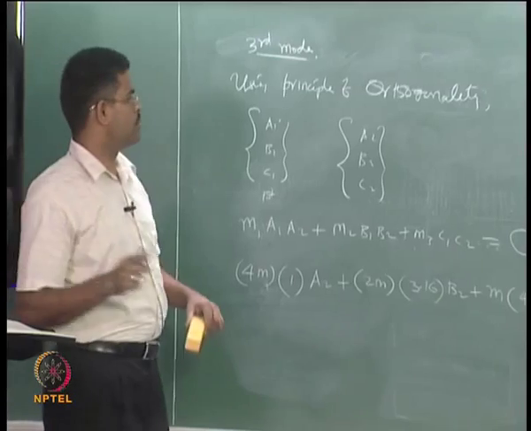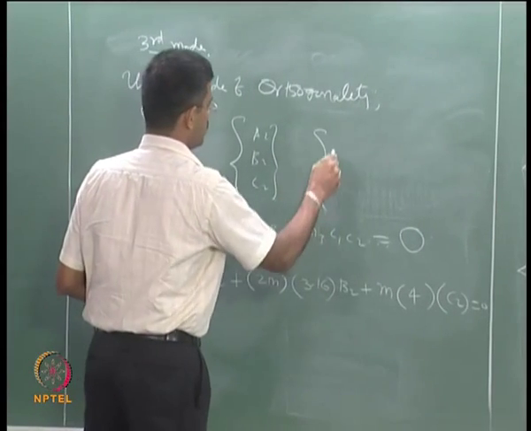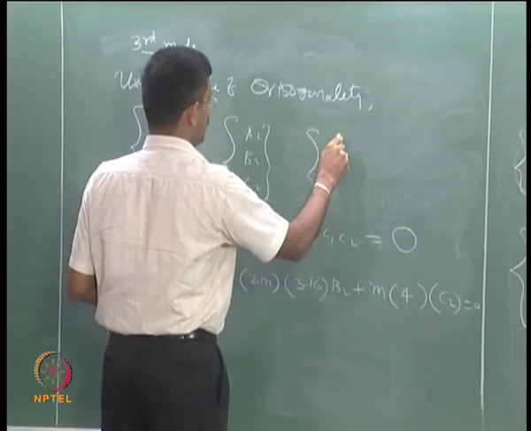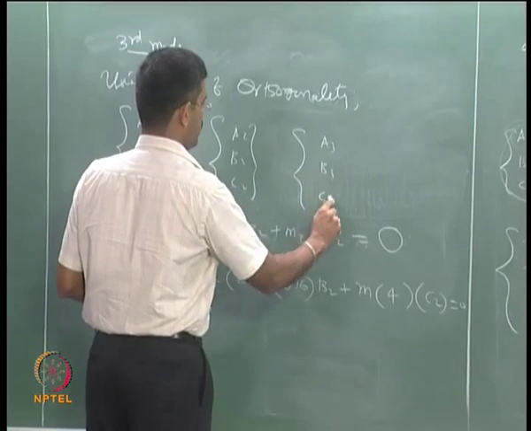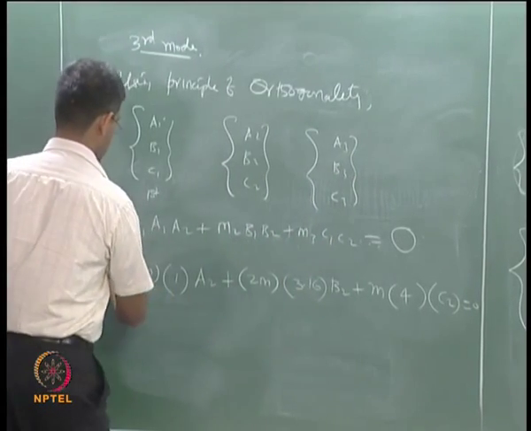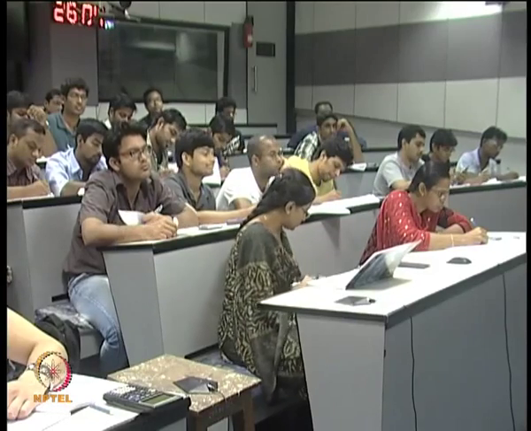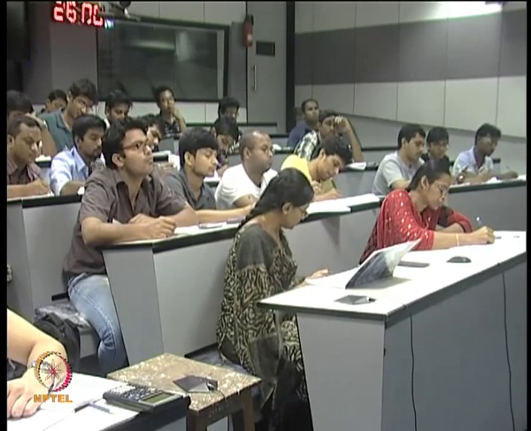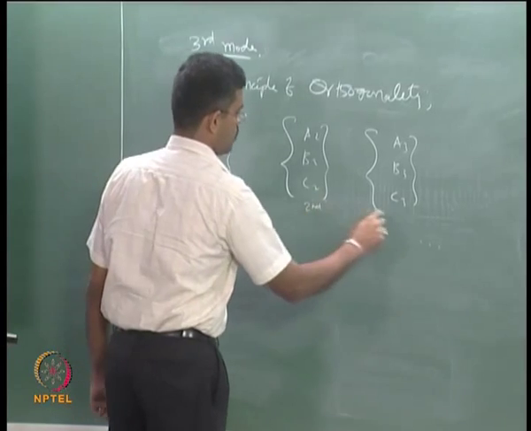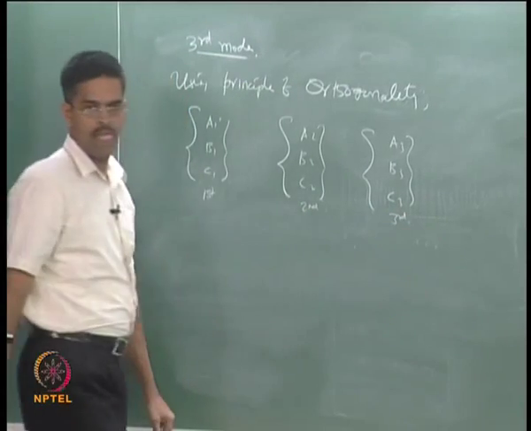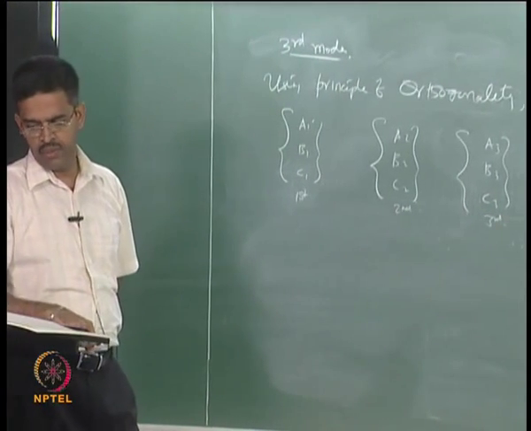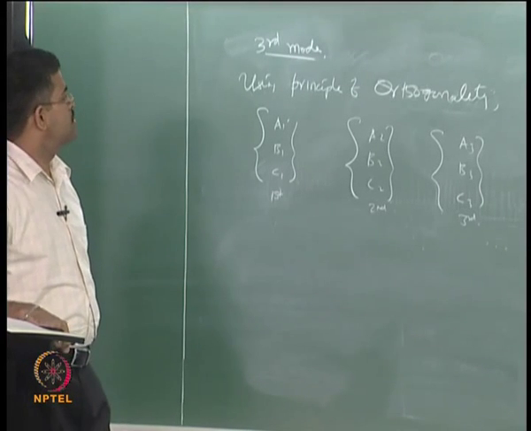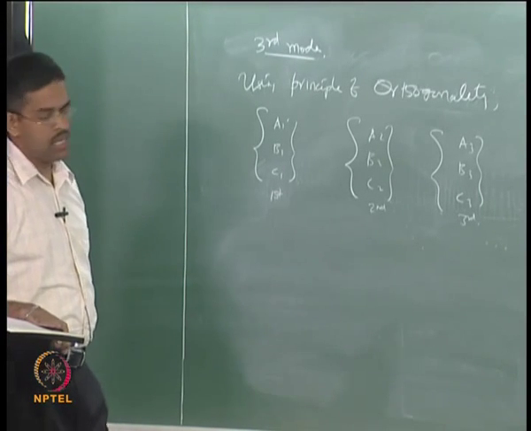So again we will use the principle of orthogonality. I will have 3 modes here, A3, B3 and C3. The first mode, the second mode and third mode. So I want to write the orthogonality equations.